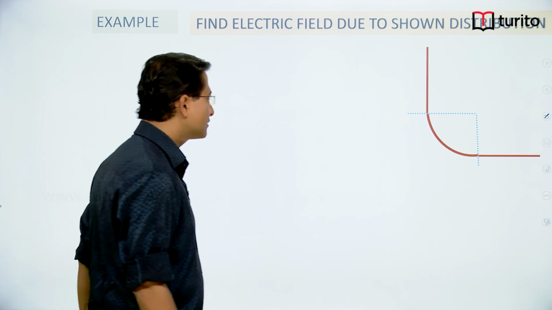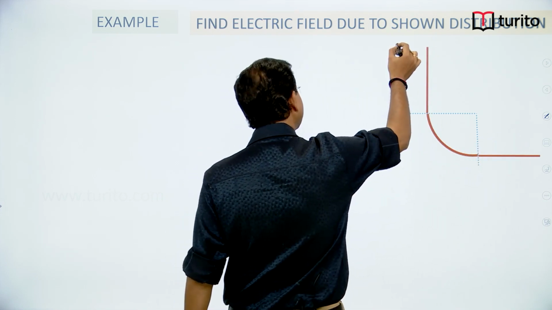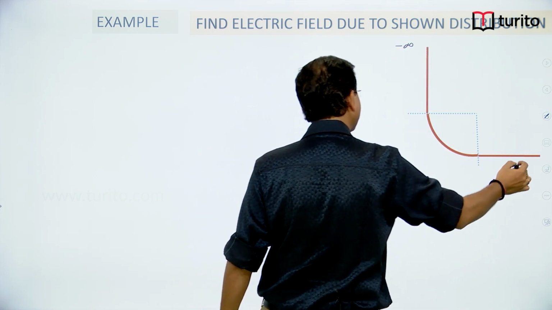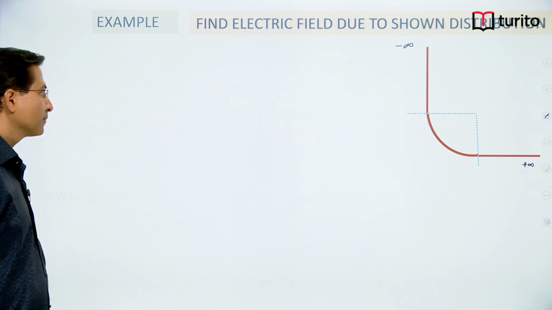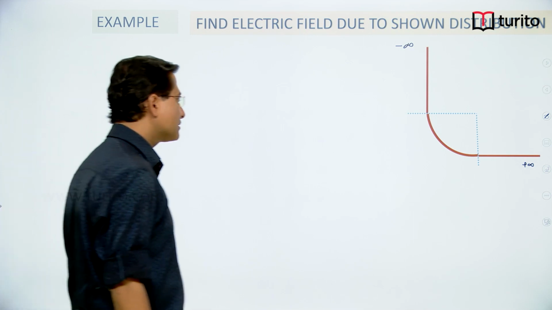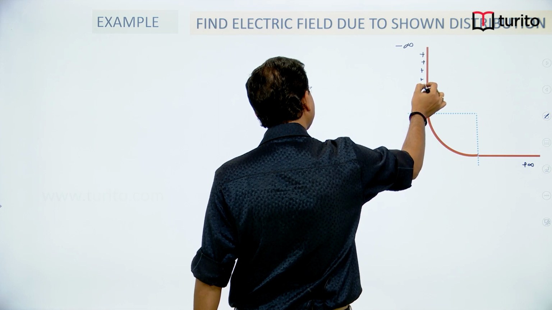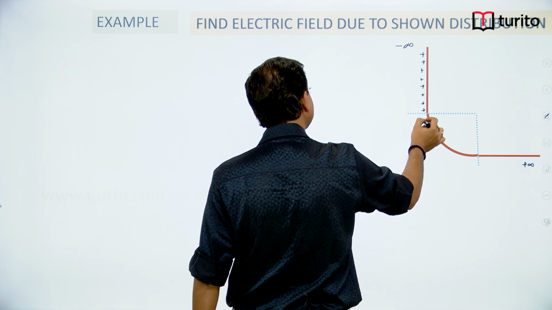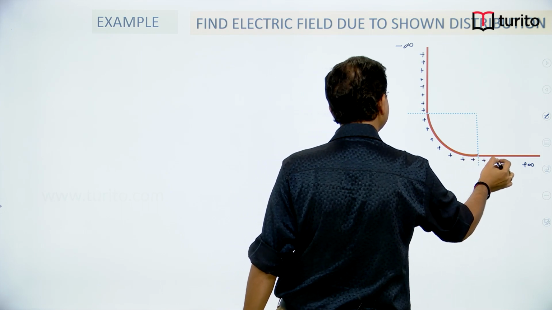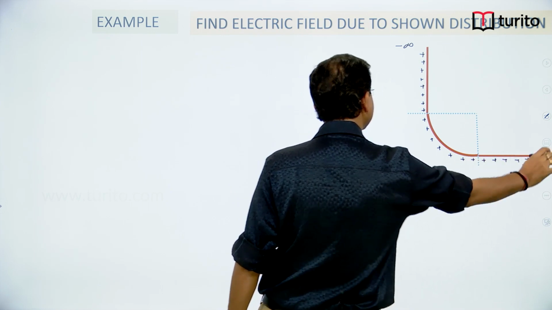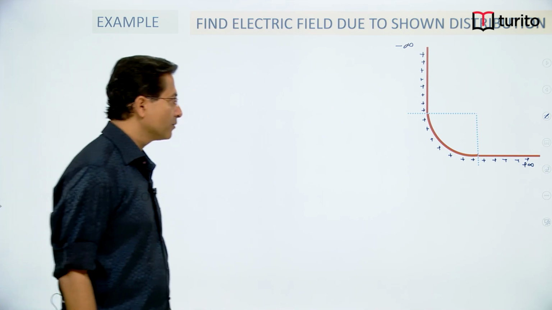There is a wire which extends from minus infinity this way to plus infinity this way, right, and charge is uniformly distributed. It goes till infinity, and I am interested in finding the field at this particular point.